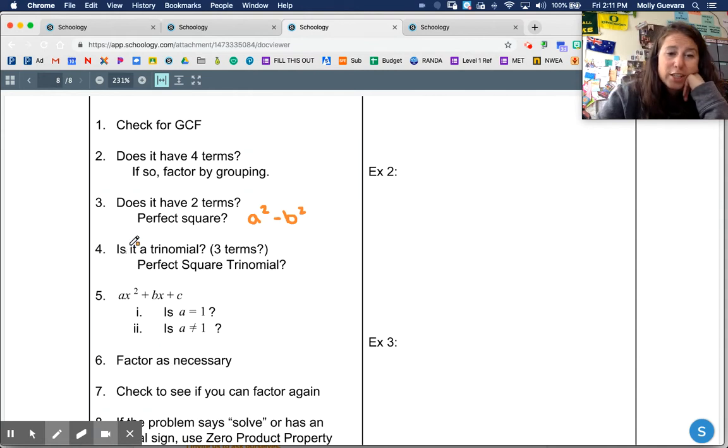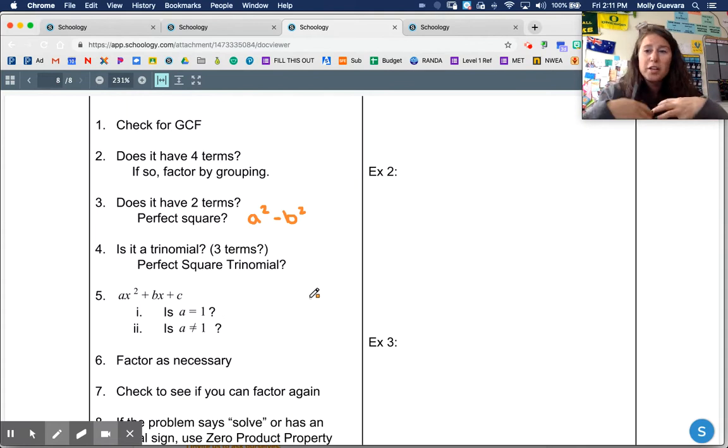If it's a trinomial, it might be a perfect square trinomial. And if you don't recognize that it's a perfect square trinomial, it's okay. That's just a shortcut, so don't stress about it. And then lastly, it might be in this form of ax squared plus bx plus c, where a could either be 1 or a could not be 1.